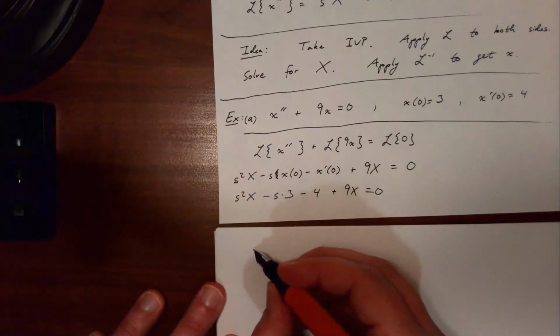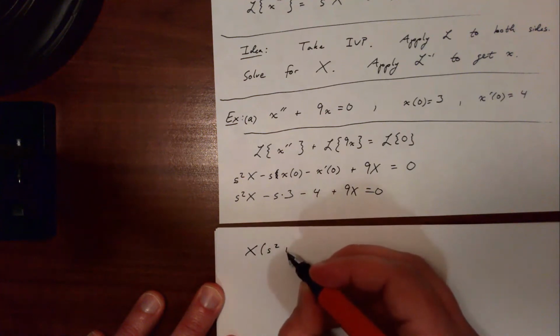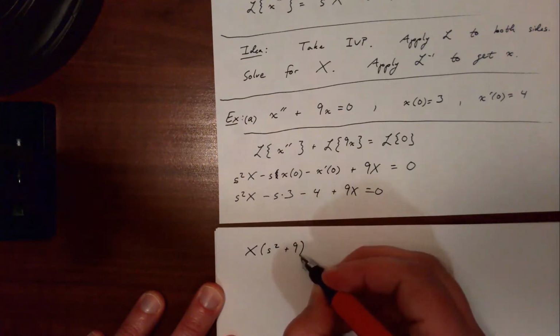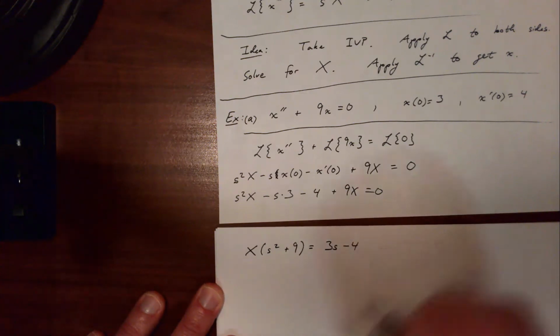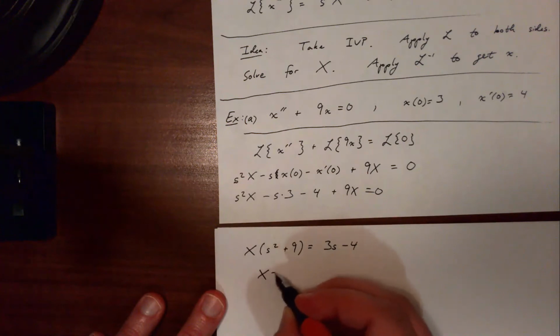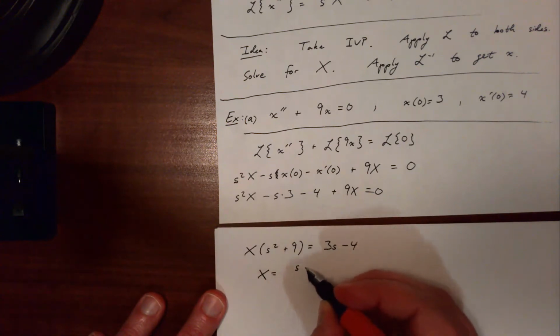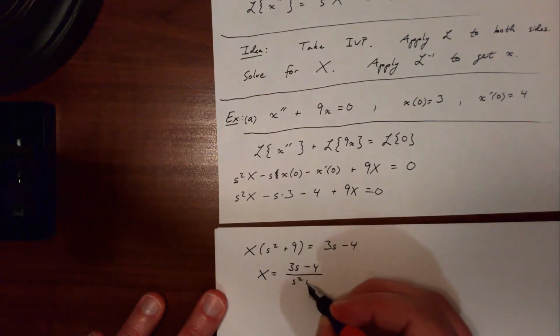Okay, so what do we have? We have capital X times s squared plus 9 is going to equal 3s minus 4. And if I want to solve that, I just divide. So X equals 3s minus 4 over s squared plus 9.